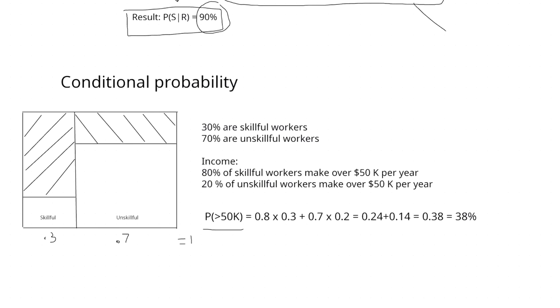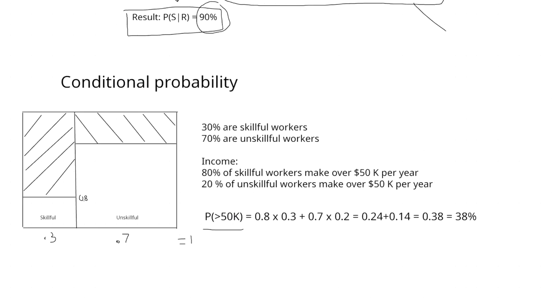But what happens here is that 80% of skillful workers make over 50K. So we will just put this and make shadows here. And we find out that this one is 0.8. So the length of this side is 1, this is 0.8.